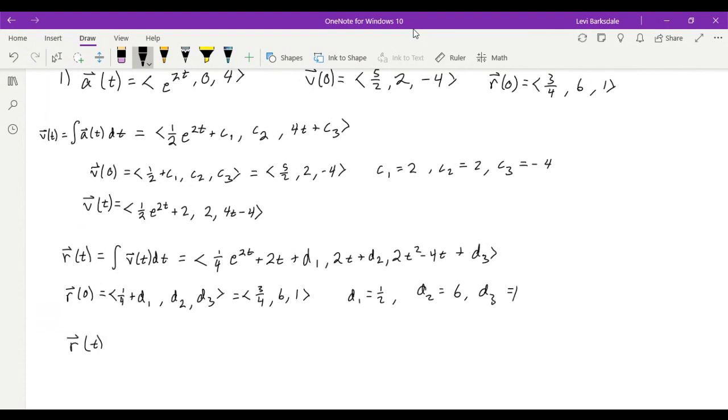So now we can finally write out our full position vector to be 1/4 e to the 2t plus 2t plus 1/2, 6, 2t squared minus 4t plus 1. This would be our final answer.